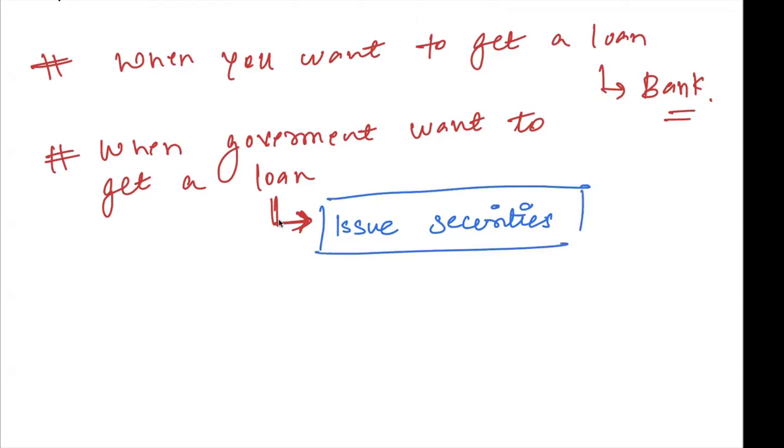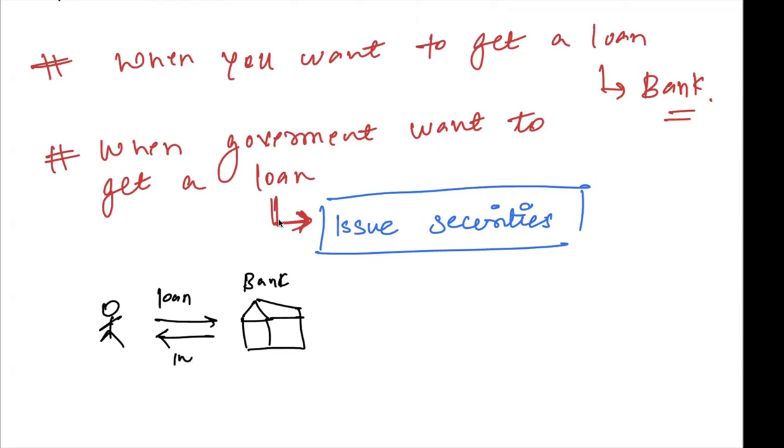Now let me explain one very easy thing. Let's say you go to a bank and you ask for a loan. The bank will of course charge you some interest rate, and then they give you the loan.